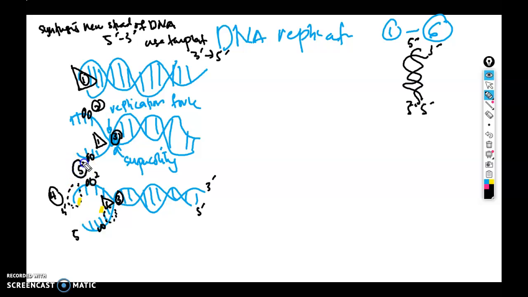DNA polymerase 3 will add DNA nucleotide here and here, following the rule of synthesizing new strands of DNA in the 5' to 3' direction. Why does one move towards the replication fork, and the other away from the replication fork?